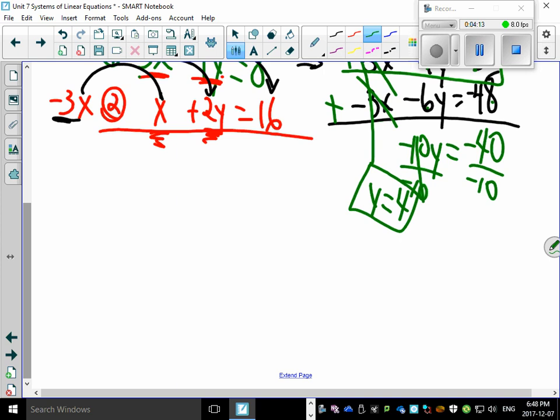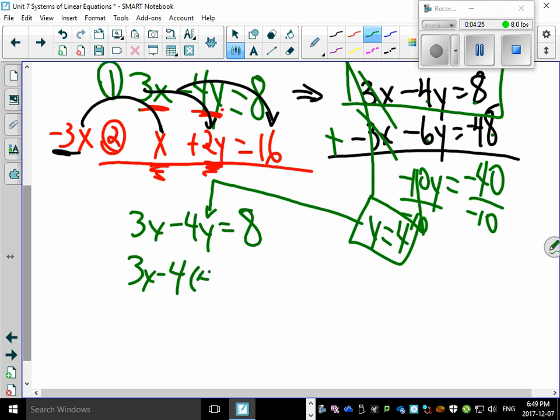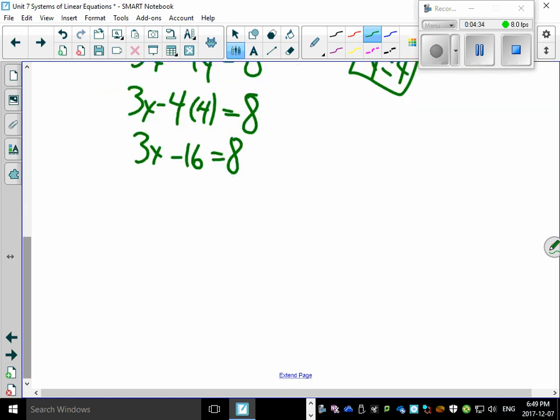Okay, so here we go. There it is. I've got 3x minus 4y equals 8. I know my y is 4. Pop it in there. 3x minus 4 times 4 equals 8. 4 times 4, of course, is 16. Add 16 to both sides.